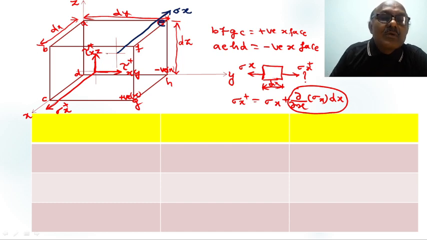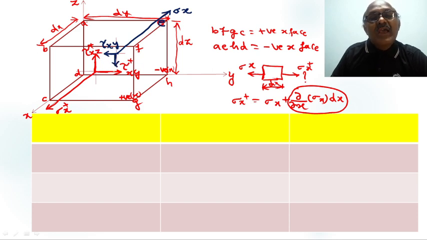Now this one is parallel to this phase, so it is a shear stress, in the x phase, and in which direction, my dear students? Y direction. Similarly here also it is parallel to the x phase, so it is also a shear stress tau, in the x phase, in which direction? Z direction. Excellent, my dear students.